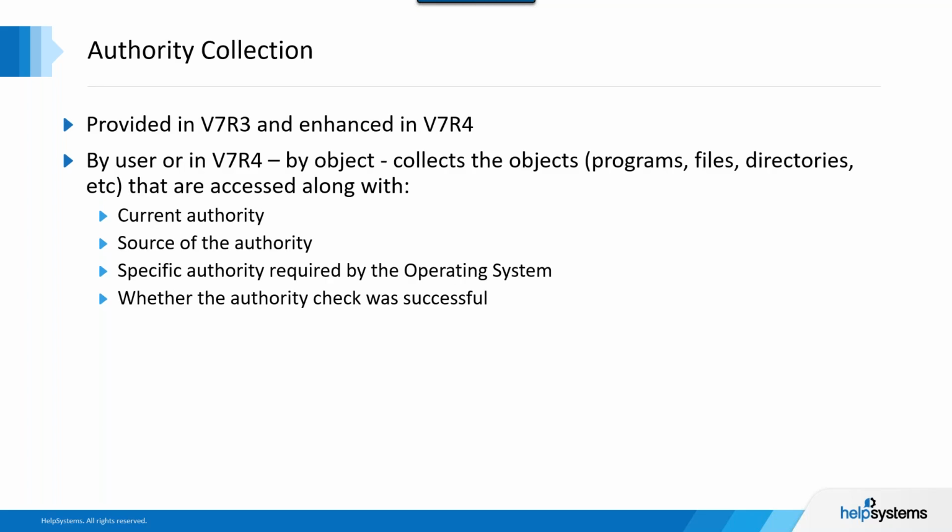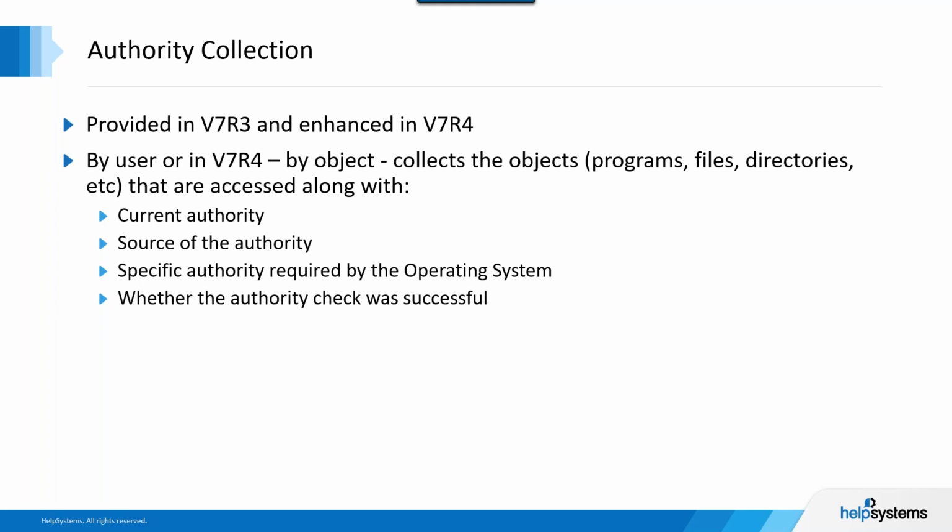Okay, so authority collection is part of the base operating system. It's provided in V7R3, and it was enhanced in V7R4. In V7R3, IBM added the functionality to, by user, be able to collect information on what it touches and the authorities that are required to touch each one of the objects. And then in V7R4, they kind of slanted it from a different direction, and you can put the collection on a specific object.